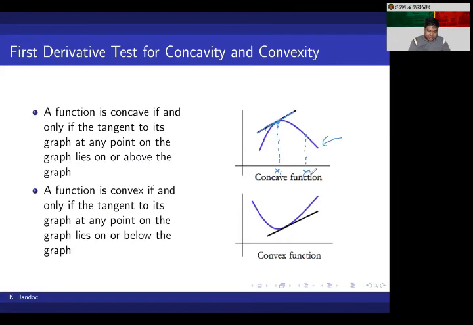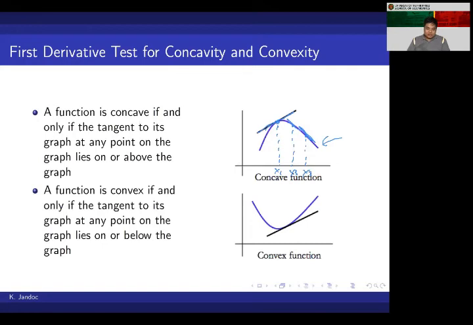At this point x2, again, the tangent line is above the graph. Pick another point, say x3, over here, the tangent line is above the graph. So a function is concave if and only if the tangent to its graph at any point on the graph lies on or above the graph.